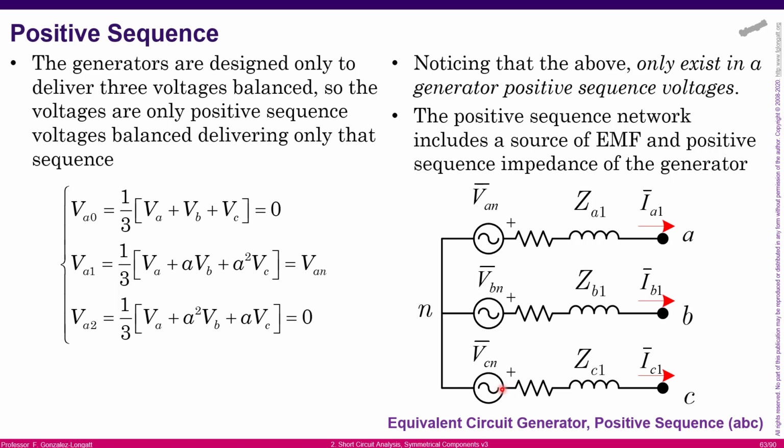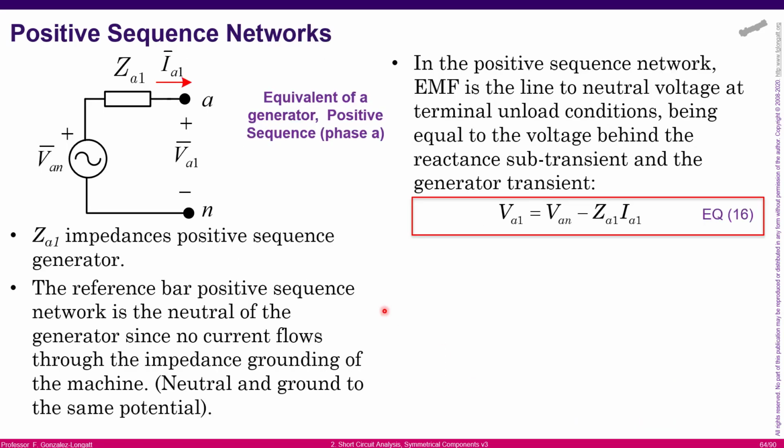The synchronous machine is rotating in one direction, and as a consequence, all the voltages are created based on the positive sequence. What is the equivalent model or the equivalent circuit for this generator?